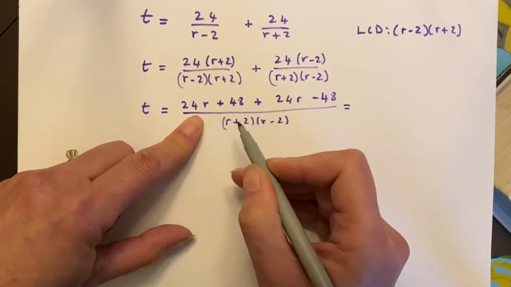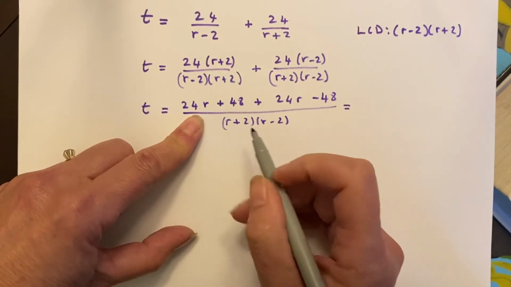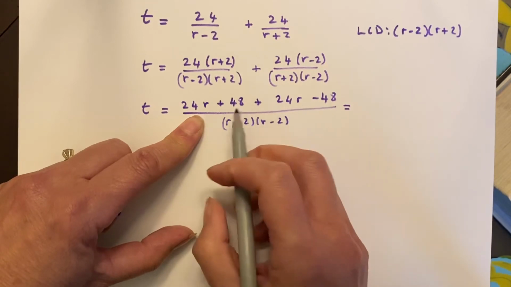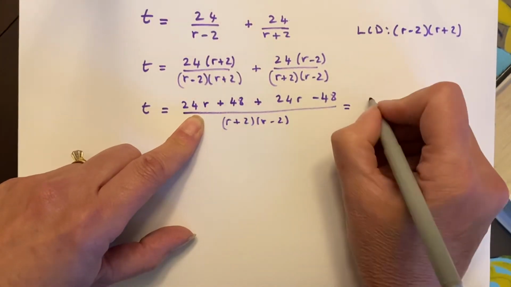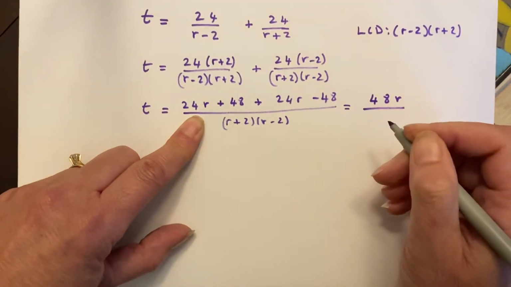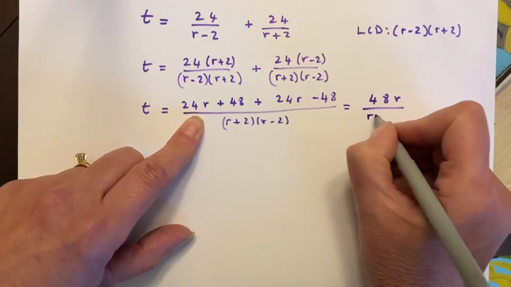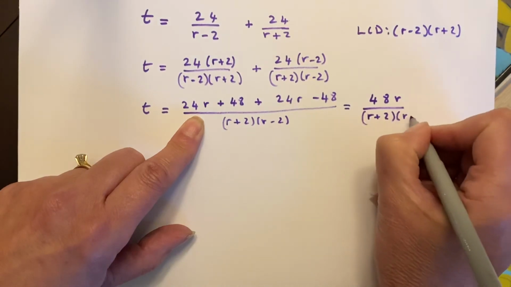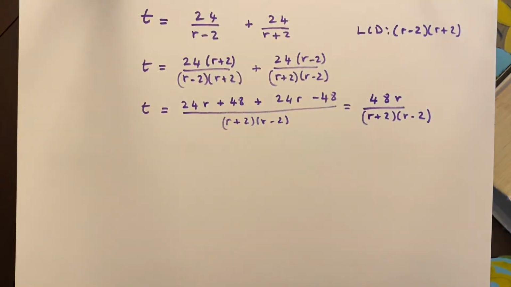So you can see that the 48s are going to cancel out, right? 48 plus 48 minus 48. So we're left with 48R over R plus 2, R minus 2. And that's as simplified as it gets.